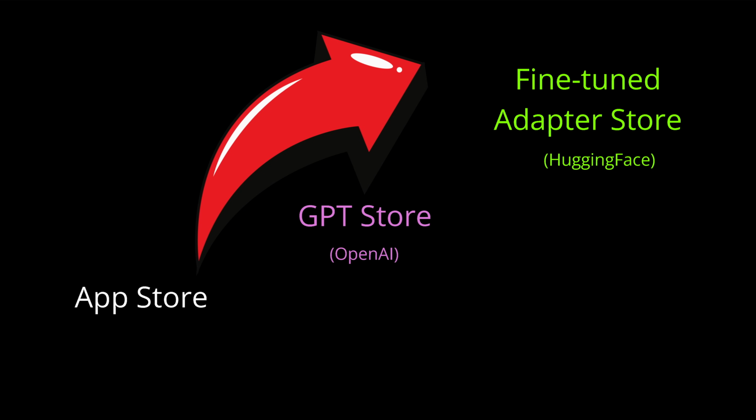So Hugging Face started November 14 this year to provide you this information, and they build up now this fine-tuned LoRA adapter store, or in general adapter stores. And I think this is a brilliant move.